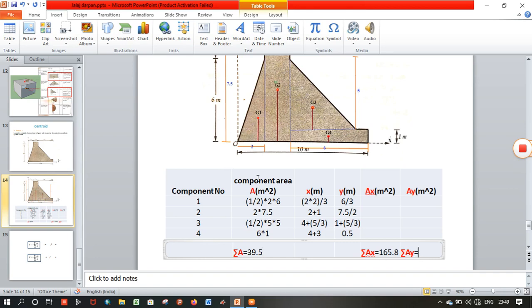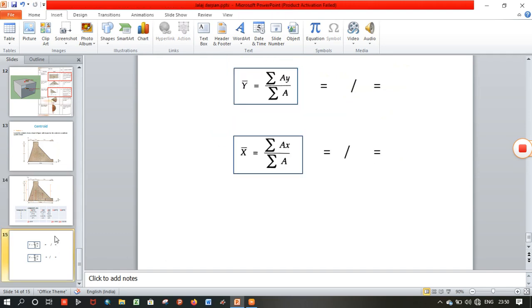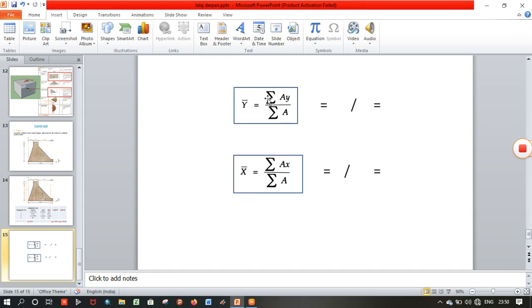After that you need to multiply this A value and this y value. Add all that Ay, it will become sigma Ay. The value I found was 104.58. Then you need to apply this formula here. You need to divide the sum of Ay upon the sum of area.